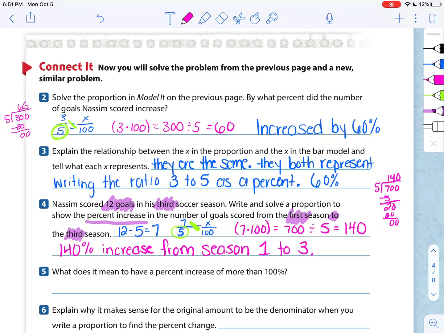Number 5, what does it mean to have a percent increase of more than 100? So we talked about that when you have 100% increase, that means times 1. And we talked about a 200% increase means times 2. So use that information that we've previously talked about and describe in your own words what does it mean to have a percent increase of more than 100%.